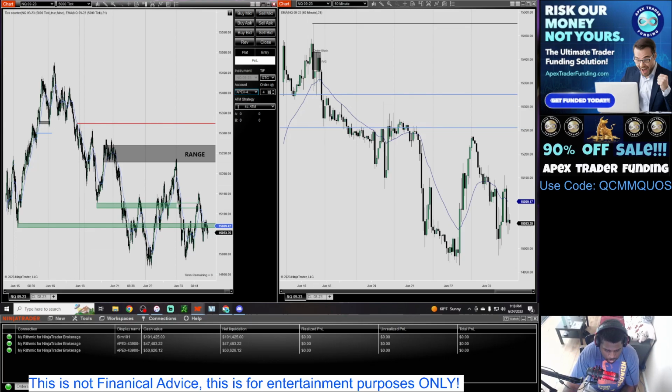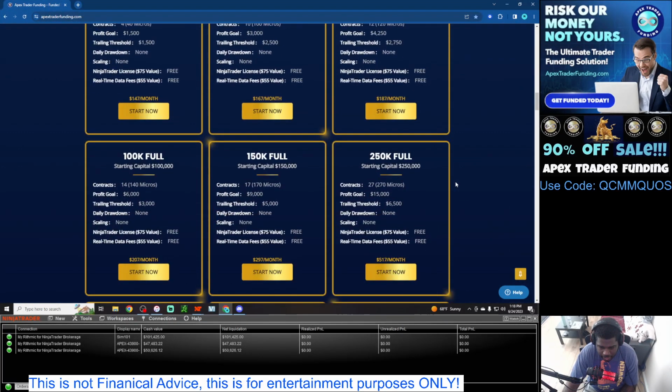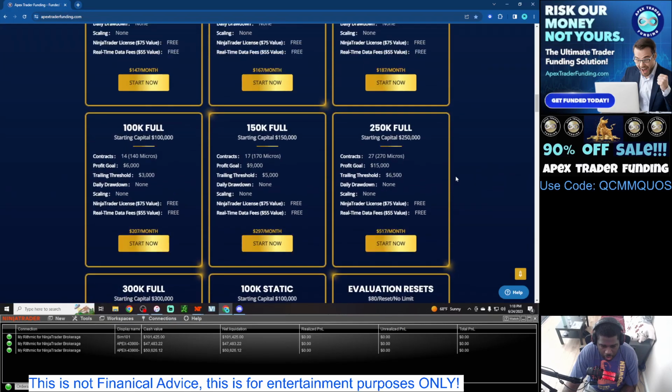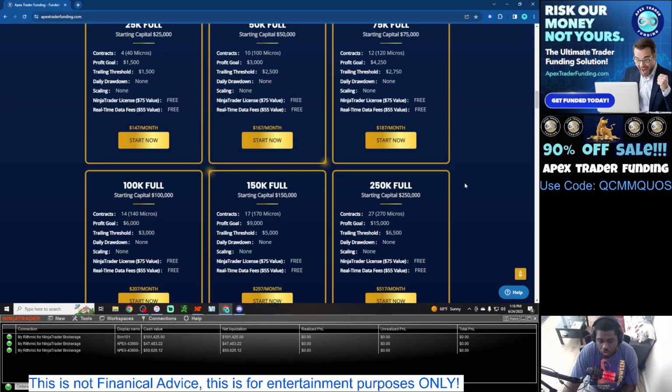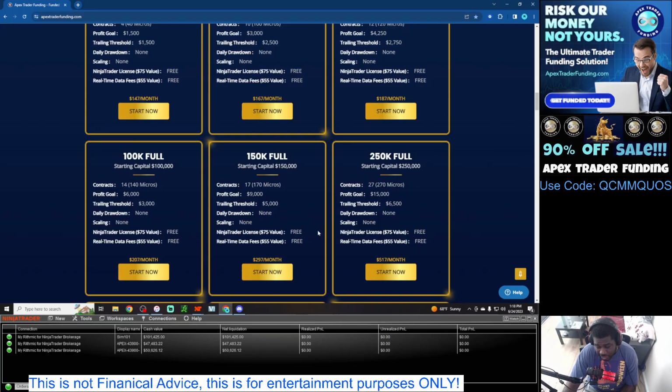Now, when it comes to these accounts, it's honestly up to you. I think bigger size is better when it comes to more cushion. Your profit goes a lot more, but you're also able to trade with more size and have a cushion when you're up on a trade or losing on a trade, and be able to get in, get out, or take a step away.